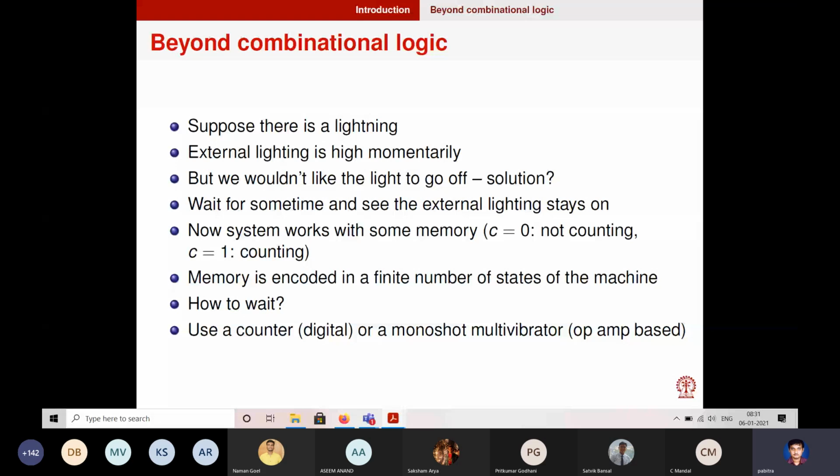And then depending on the state of this circuit, we can use that state, and that state will give us a memory about the system. It will act as a memory about the system.